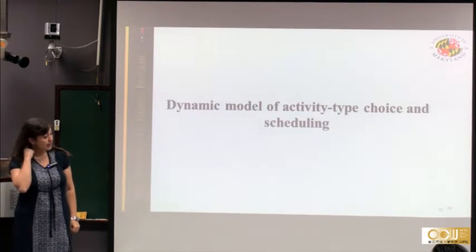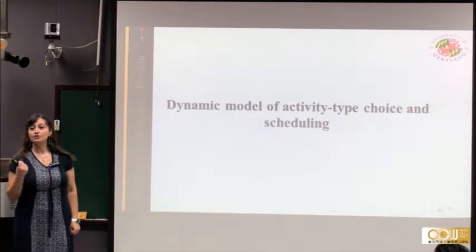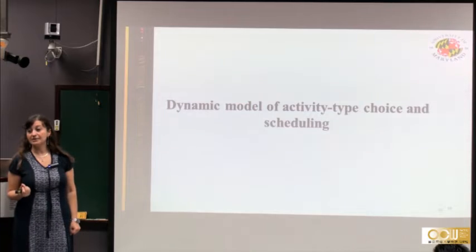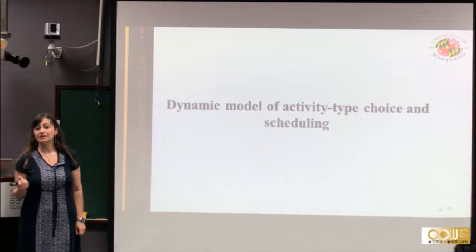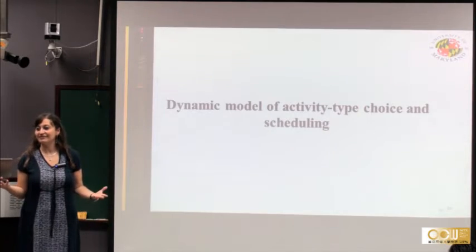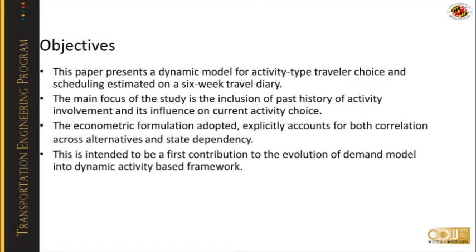The other thing about activity-based models is that once you start to model activity, you realize that there is dynamics in travel behavior, because the activities you do on different days of the week are different, and the activities you do at different times of the day are different. Again, this is based on Moby Drive, so it's based on a 6-week travel diary.